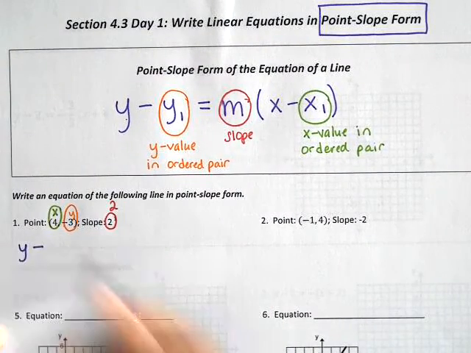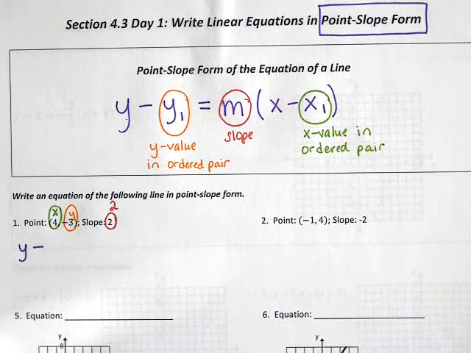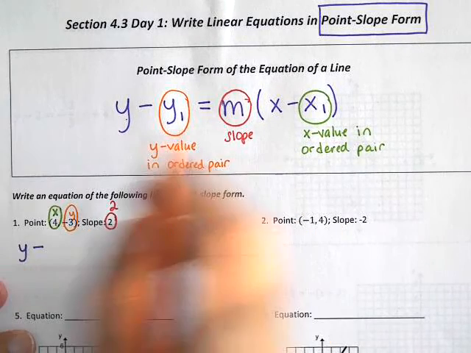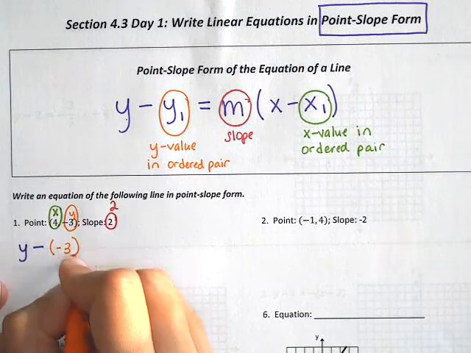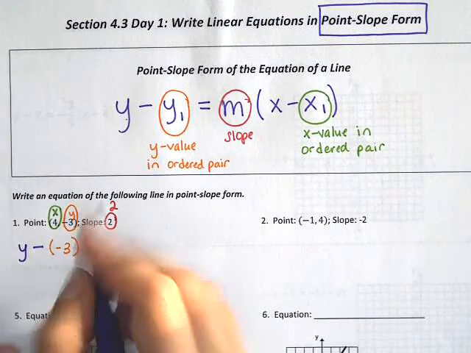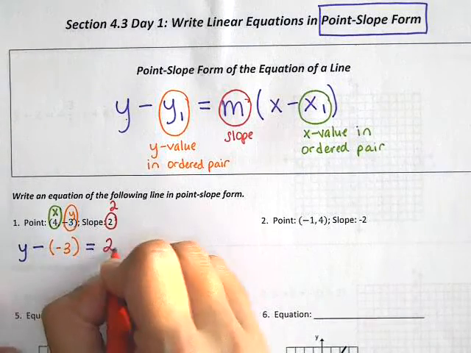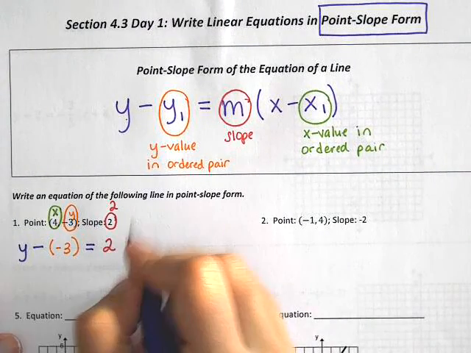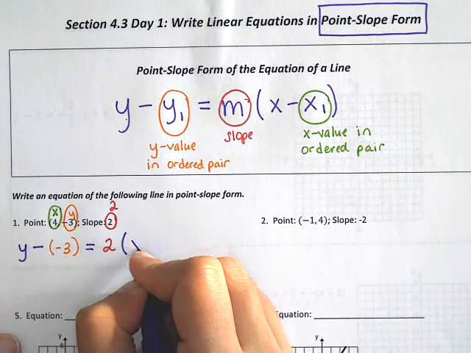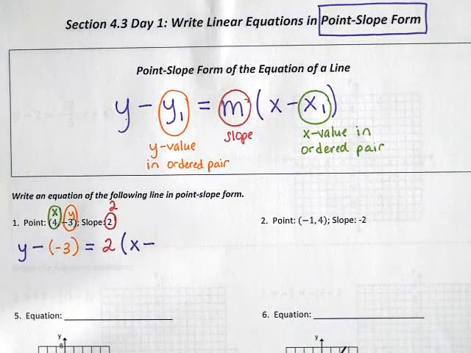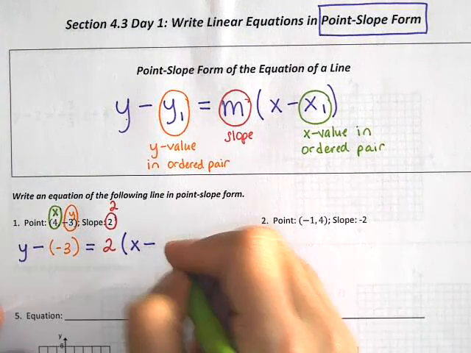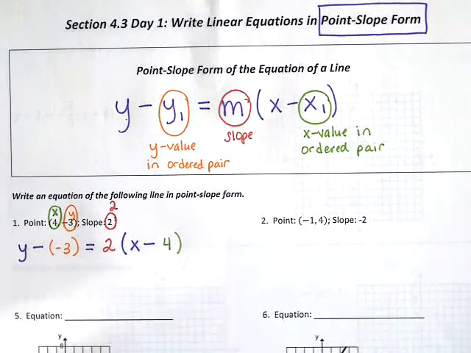I'm going to copy the minus. And then I'm going to fill in the y value, negative 3. Equals, I'm going to fill in the m, the 2. Parentheses, copy the x, copy the minus, and I'm going to fill in the 4.